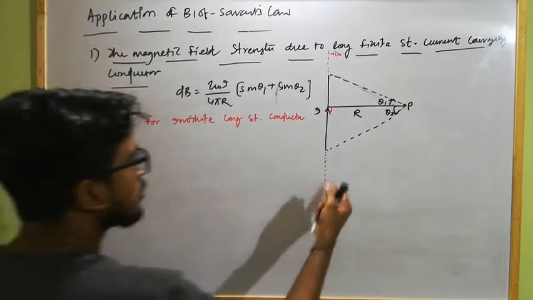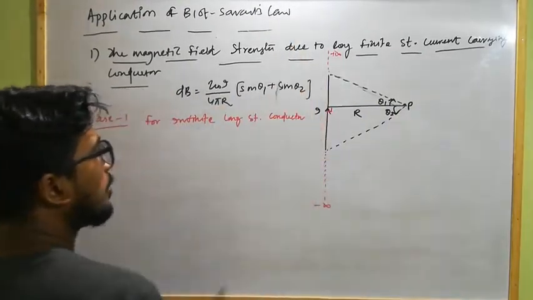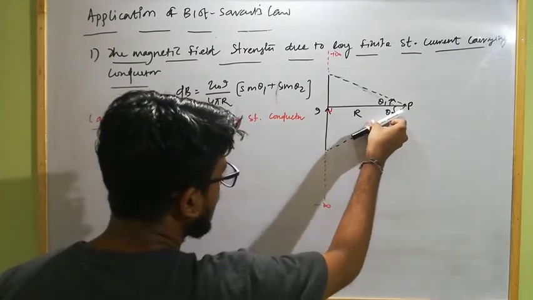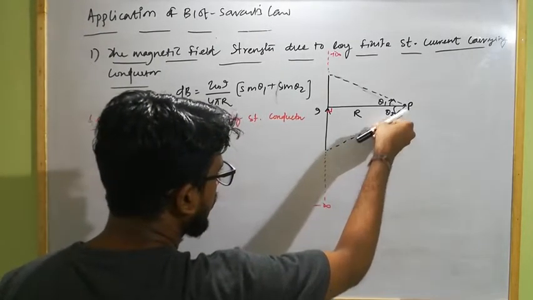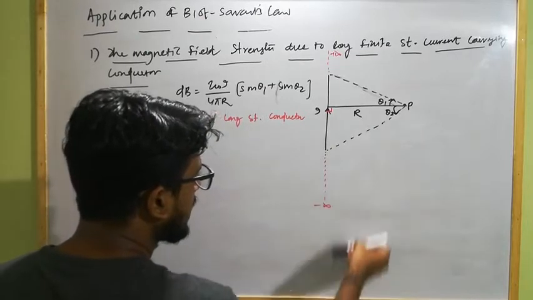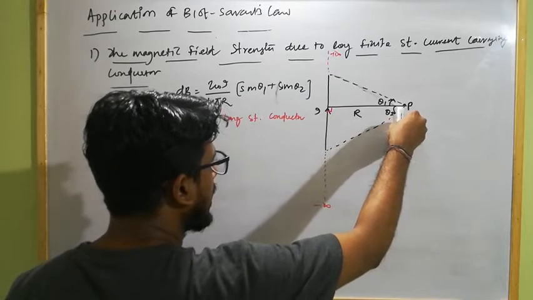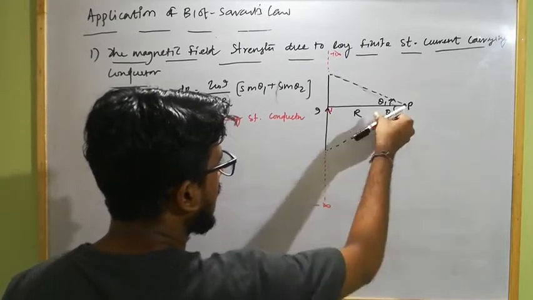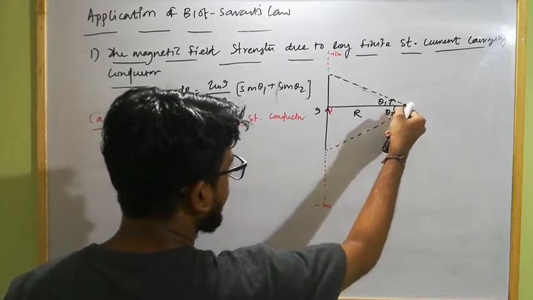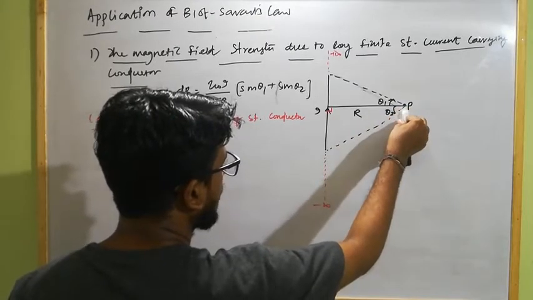As these two ends reach up to infinity, gradually this angle is also increasing, and when this meets at infinity, this line and this line, which make angle theta with this point of observation, are both in a parallel direction.